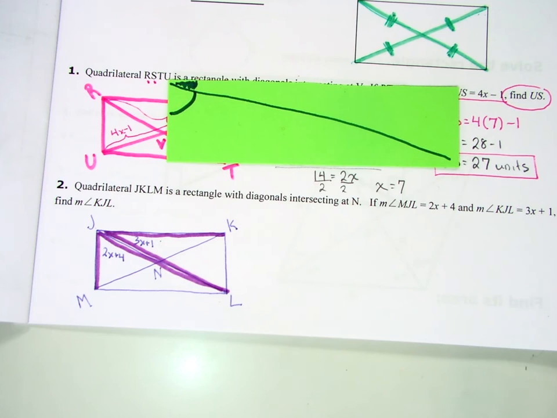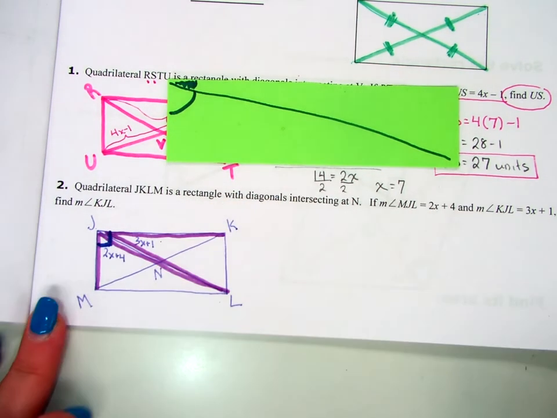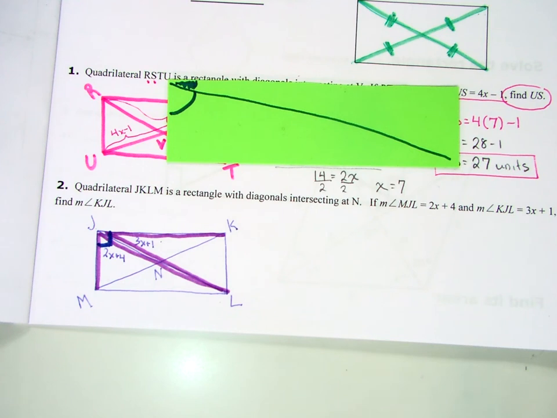No, I never said diagonals do anything to an angle. Those two angles are not equal to each other. But how many degrees are in that corner? 90. So those two angles don't equal each other, but they are complementary. They do have to make 90 degrees together.